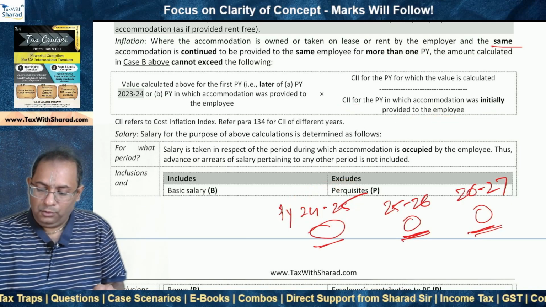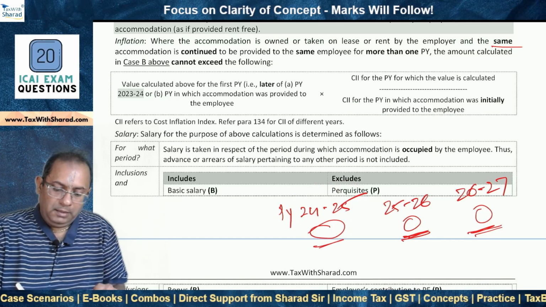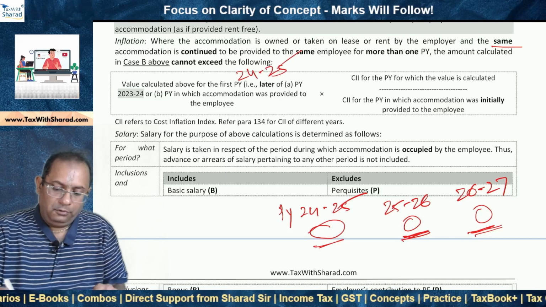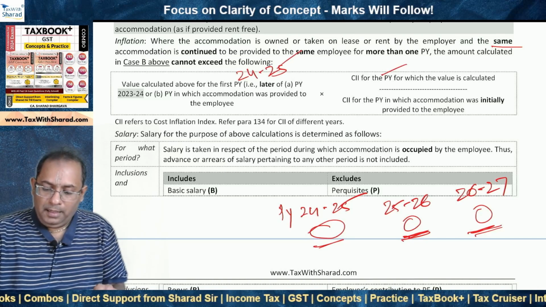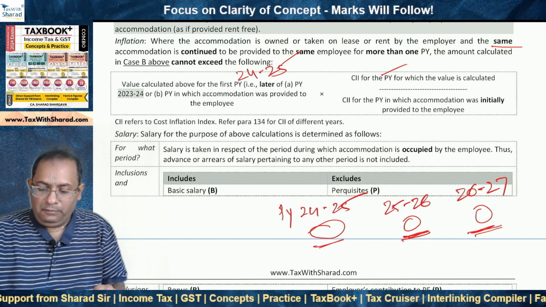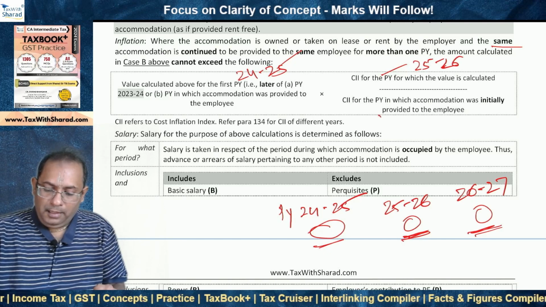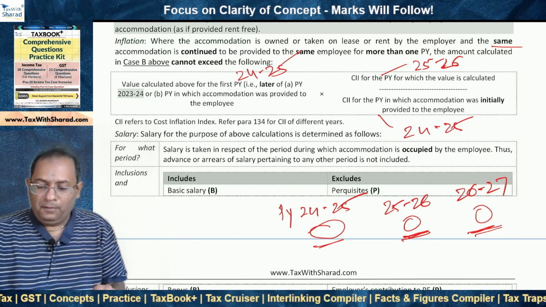So what we basically do is take the value calculated above for the first previous year, in our example previous year 24-25, multiplied by CII for 25-26 divided by CII for 24-25, when we are computing the value for 25-26.